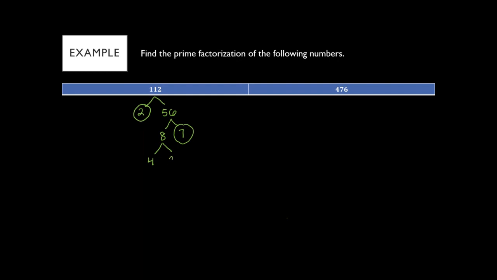So that's 4 times 2. So 2 is a prime number, and I can split up 4 as 2 times 2. And then finally we're at the end. And your tree could look different based off of where you put the numbers, if you put it on the left versus the right, what numbers you use. But you always get to the same number at the end.